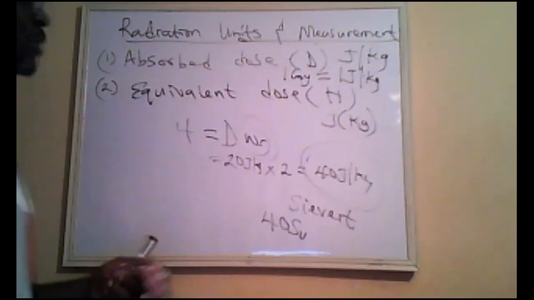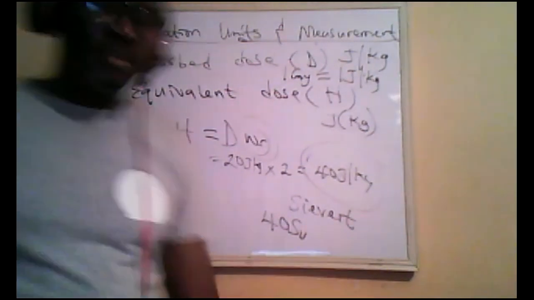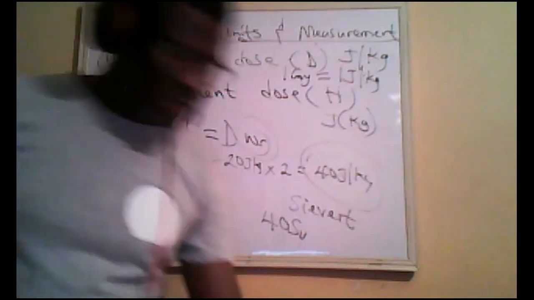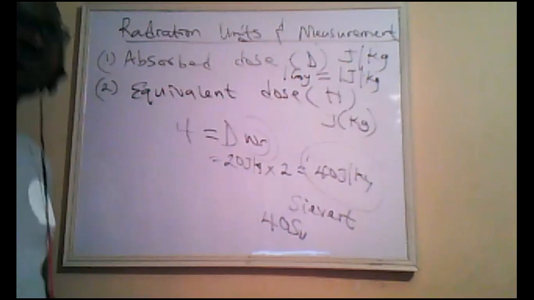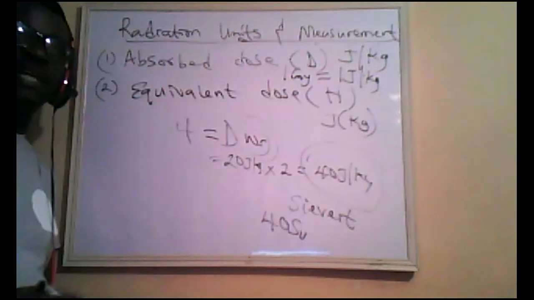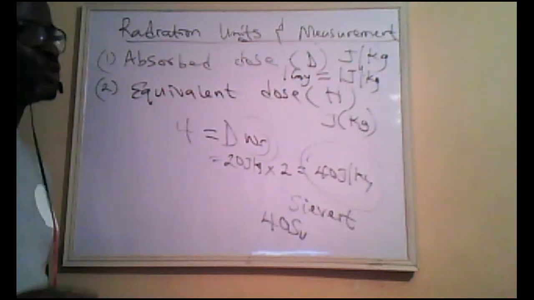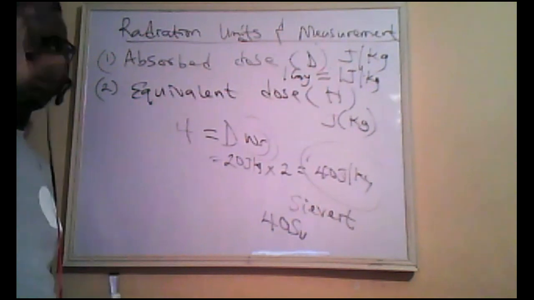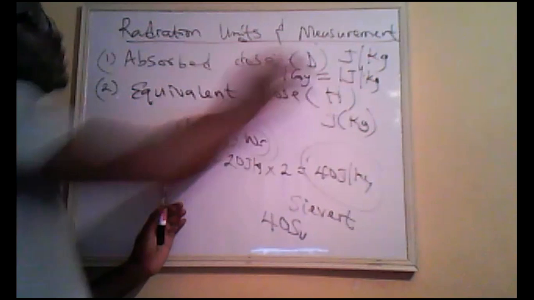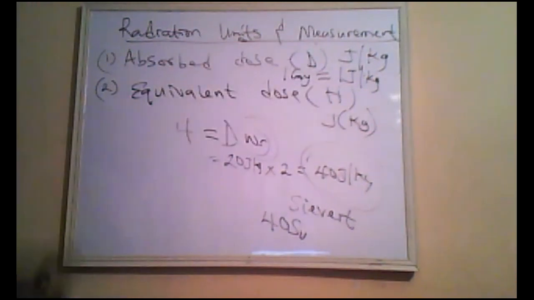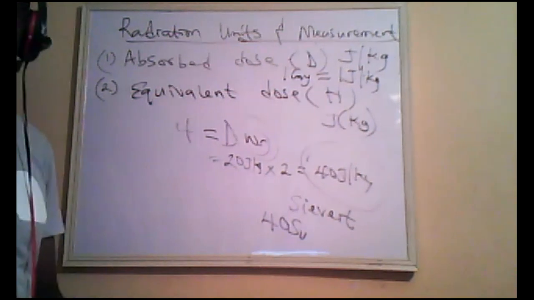If you have a particular radiation, assuming a photon or an electron traversing a particular tissue, say the lens of the eye, 1 gray is going to cause damage to the eye that is different from the damage it causes to the skin.